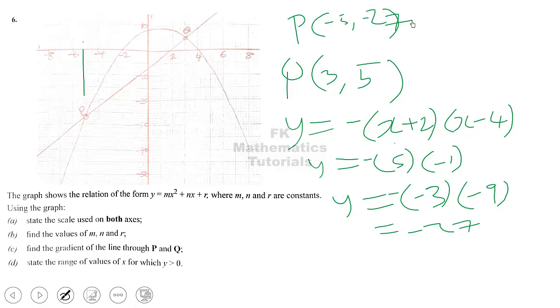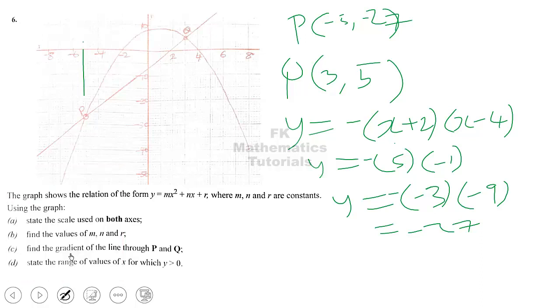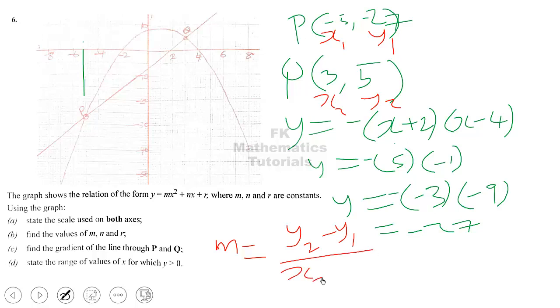Let's call these x1, y1, x2, y2. The gradient is given by y2 minus y1 over x2 minus x1.